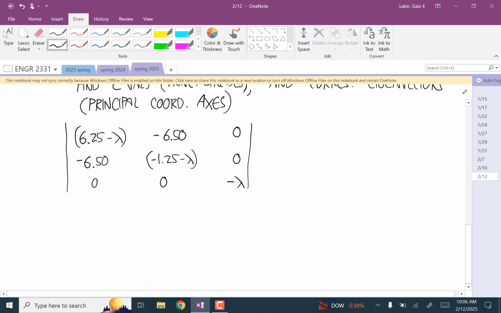So that is 6.25 minus lambda times negative 1.25 minus lambda times negative lambda.